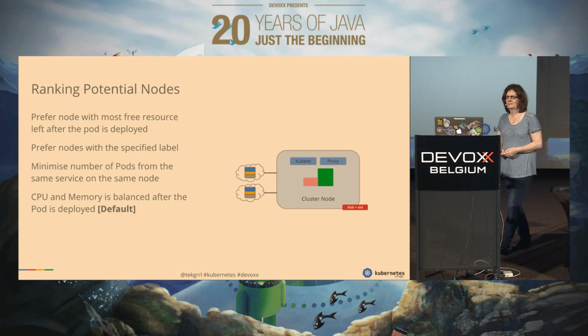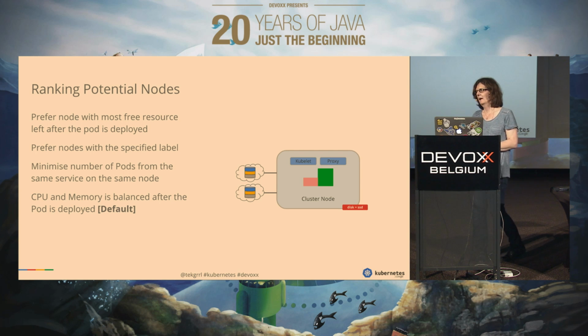And then we're going to rank those nodes individually to find out which one we should ultimately schedule it on. We have many different policies, and they may have changed in 1.1 slightly. When I first wrote this slide, the default was to balance CPU and memory out. So we tried to make sure the CPU and memory were the same, so rather than consuming all the memory and running out of memory, we would try to make sure they were balanced.